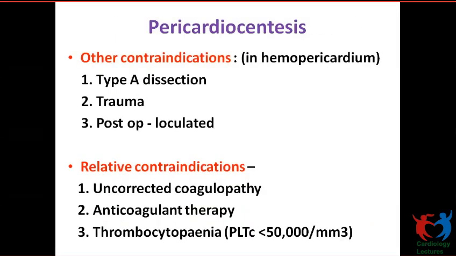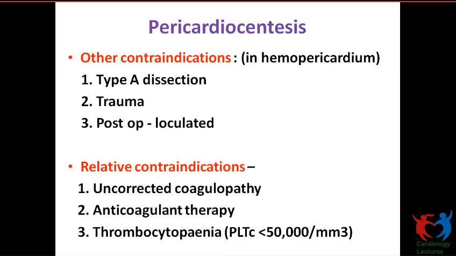Trauma. Yes, I still remember a few years back, a patient came with a history of trauma and pericardial effusion. Surgeons forced us to do a pericardial aspiration. We did, and the patient died within 1 hour. So trauma and post-operative loculated effusions.